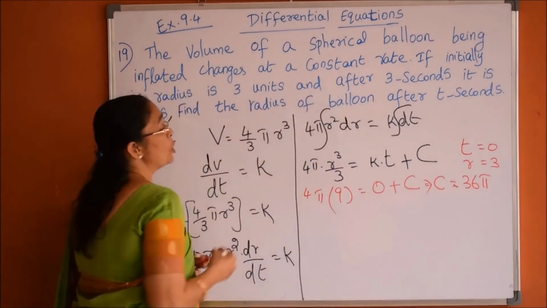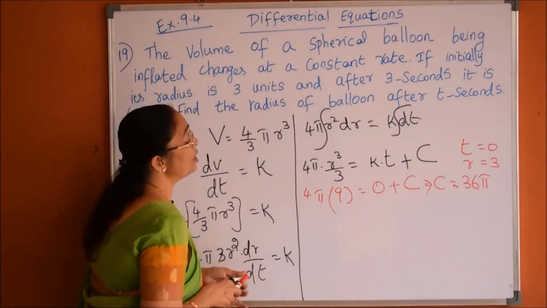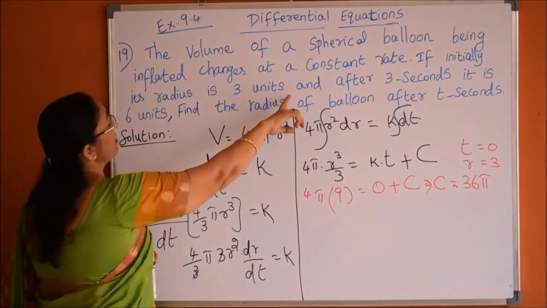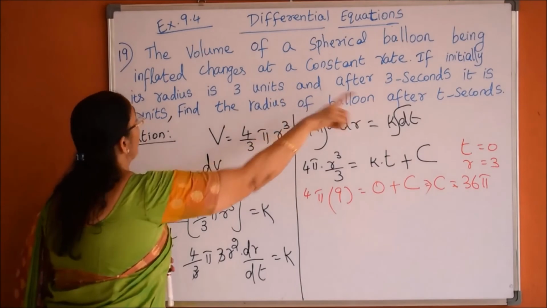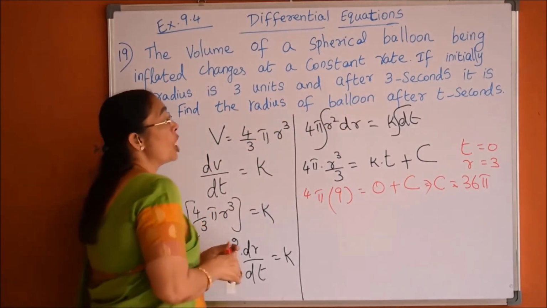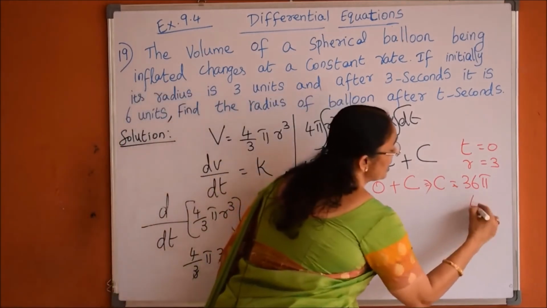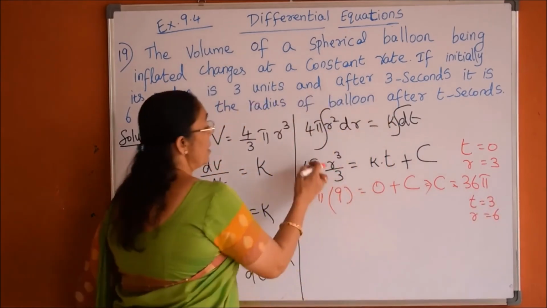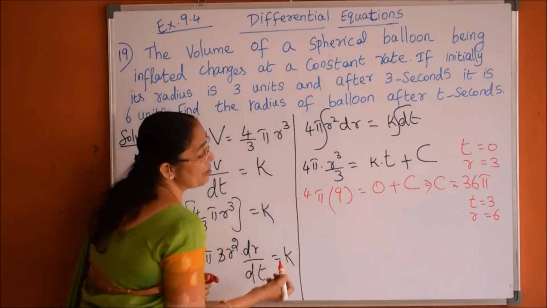Now substituting that c value, we will try to find out the k value. For that, another condition is given: after 3 seconds it is 6 units. So when t is equal to 3, radius is 6 units. Let us substitute these values in the equation again.